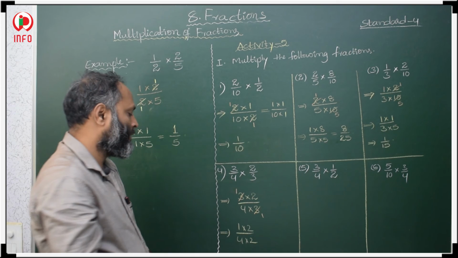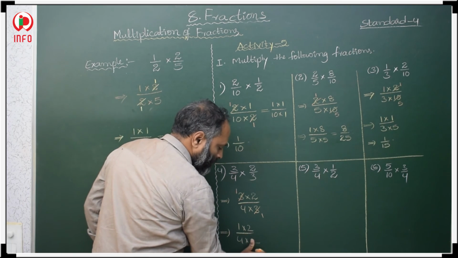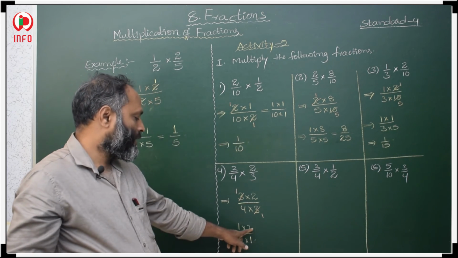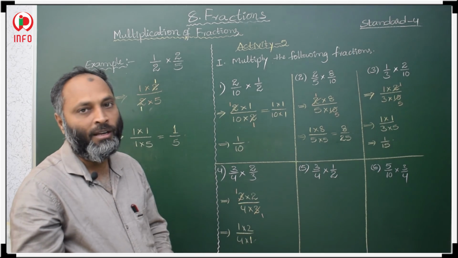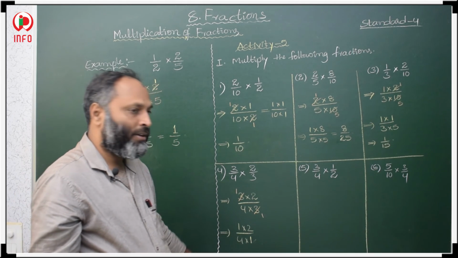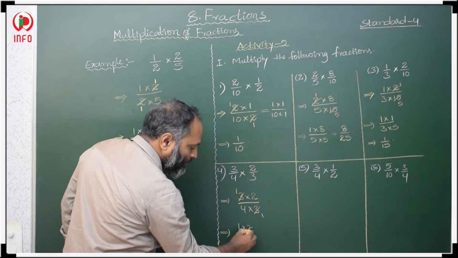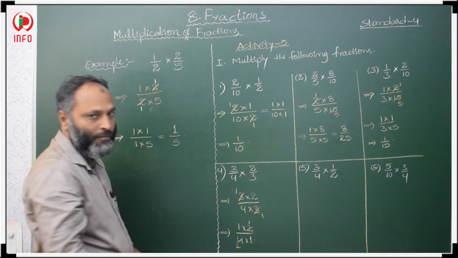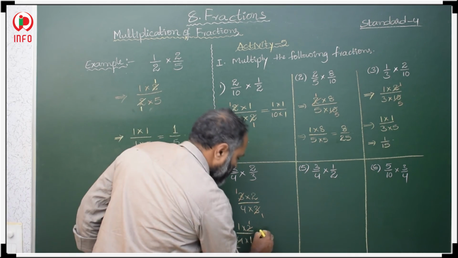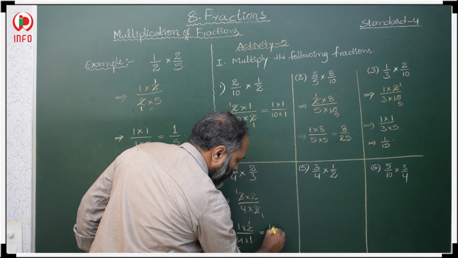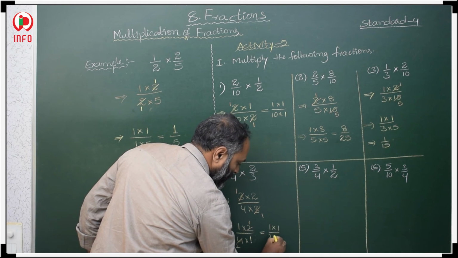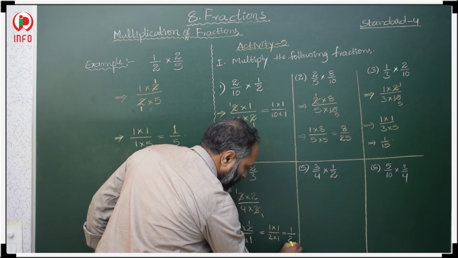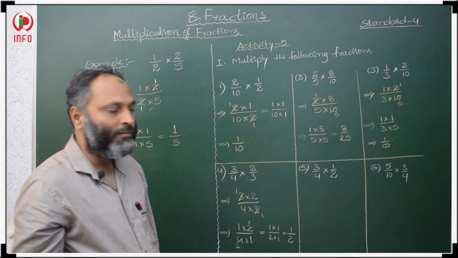These 2 and this 4 have common factor, these two are divisible by 2. 2 ones are 2, 2 twos are 4. Then what is left? 1 into 1 by 2 into 1. 1 ones are 1, 2 ones are 2, 1 by 2.